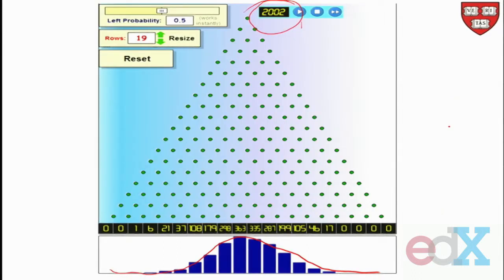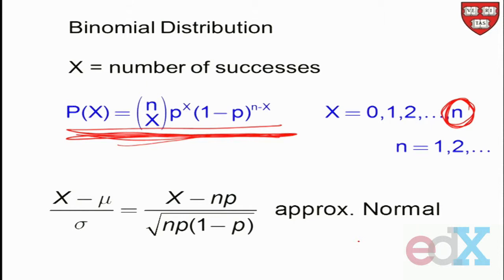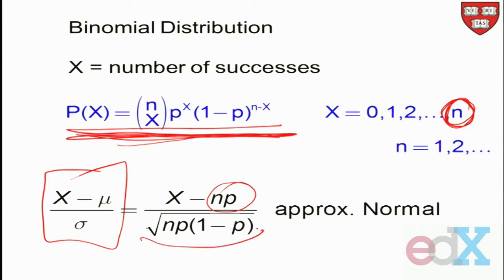I mean that I'm always going to get this kind of shape down here. More properly, what this means is that if I standardize the variable, namely subtract the mean, which for the binomial is np, and divide by the standard deviation, which is the square root of np(1 minus p), then this standardized variable is approximately normal.